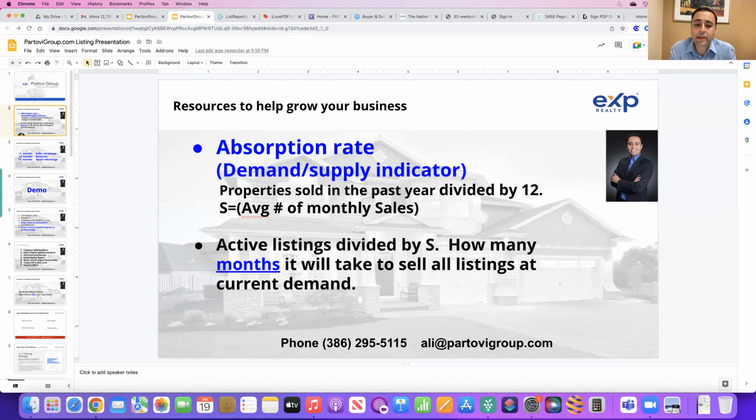The other thing is, this isn't just for sellers. When you're working with your buyers and they want to drag their feet and sleep on it and think about it, and maybe not get pre-approved, or get their house ready to sell because they need to sell in order to buy, you need to have the absorption rate, because it depends on the price they're buying at.